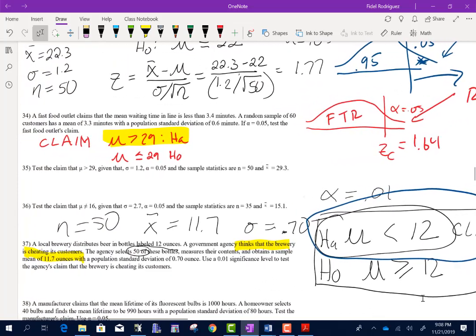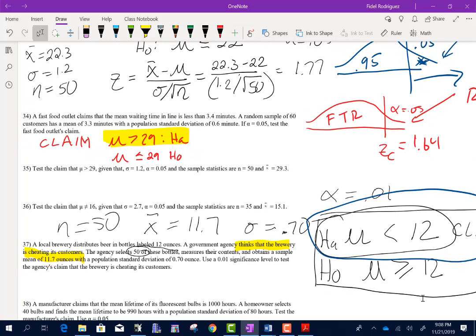So let's see what we can figure out. Guys, I'm going to find my z-value, my test statistic. I'm going to go like this: x bar minus mu divided by sigma over square root of n. So my x bar in this case is what? 29.3 minus 29, divided by sigma, in this case 1.2, divided by the square root of n, which was 50.